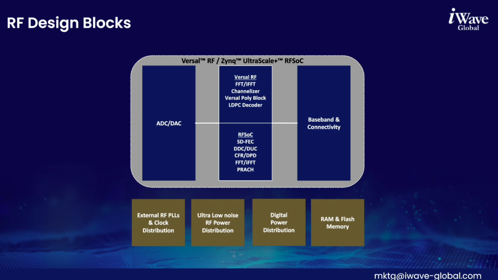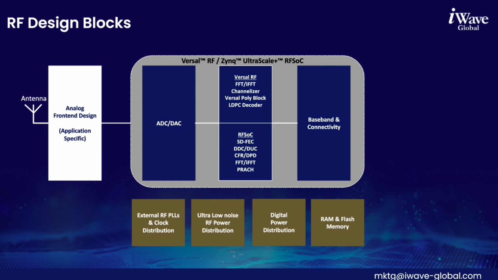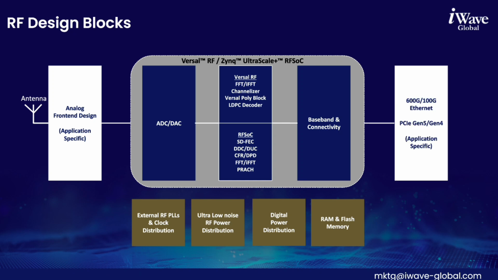These are the fixed blocks. The other things are the analog front-end design, which is mostly application specific, and baseband connectivity, which is also application specific, based on Ethernet or PCI. But at the center, these blocks are fixed.